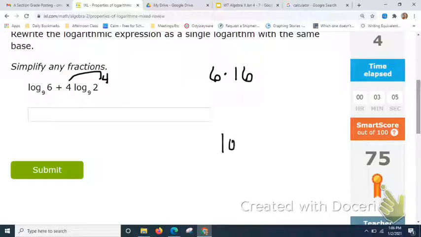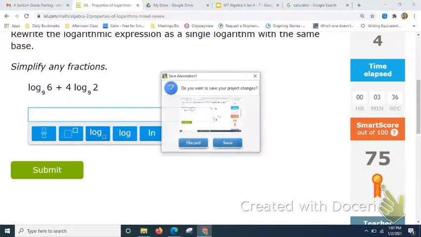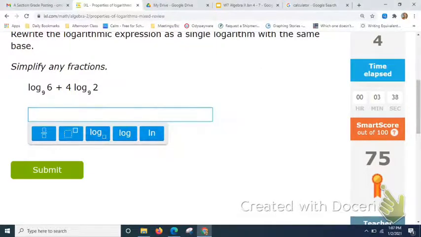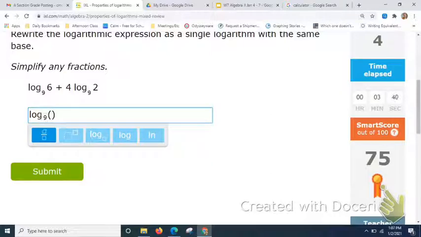So this would be log base 9, the base isn't changing, and then 6 times 16, this is going to be 96. So log base 9, and then I'm doing 6 times 2 to the 4th power, which is 16. 6 times 16 is 96.